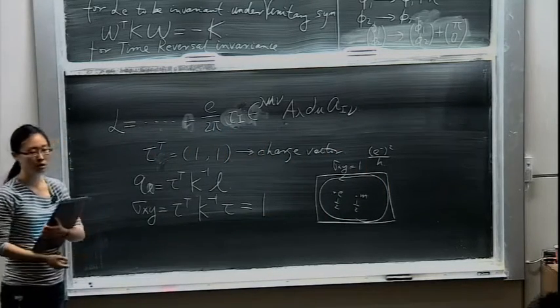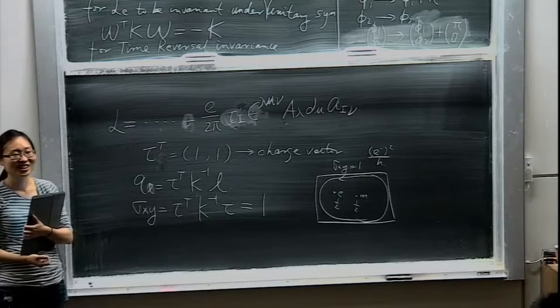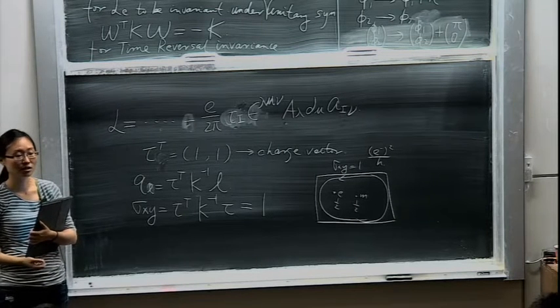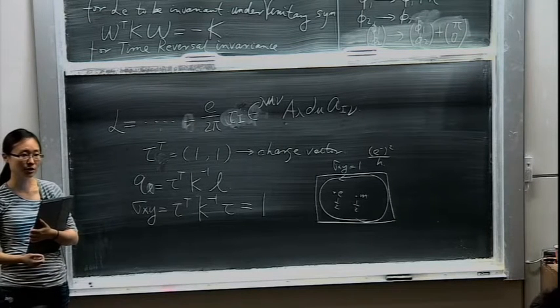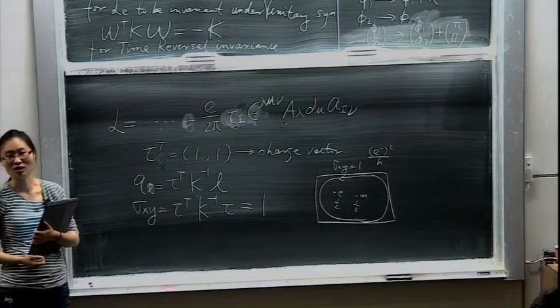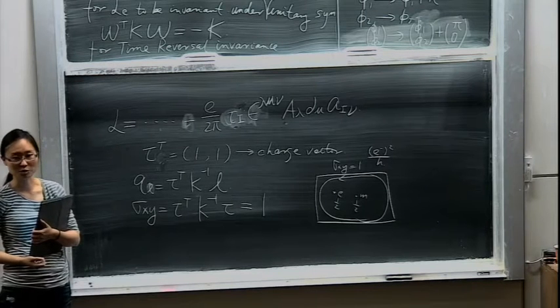Right. So now you can see what's wrong with time reversal symmetry. If the system is time reversal invariant, then supposedly if we put the system on a disk, there should not be a Hall conductance. Right? Hall conductance explicitly breaks time reversal symmetry.